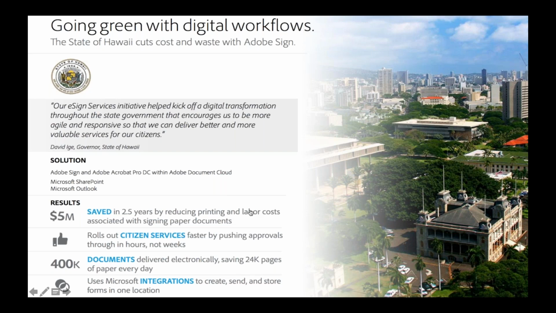And this labor point is a big one. They rolled out citizen services faster. They've delivered 400,000 documents electronically, 24,000 pages of paper every day. That's pretty impressive. And using those Microsoft integrations that we'll take a look at to create, send, and store forms in one location.